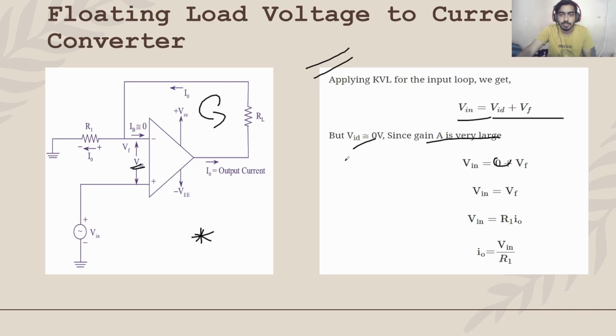So Vin equals Vf, and Vf equals R1 I0. Therefore, substituting the values and taking R1 to the left hand side, we have I0 equals Vin by R1.